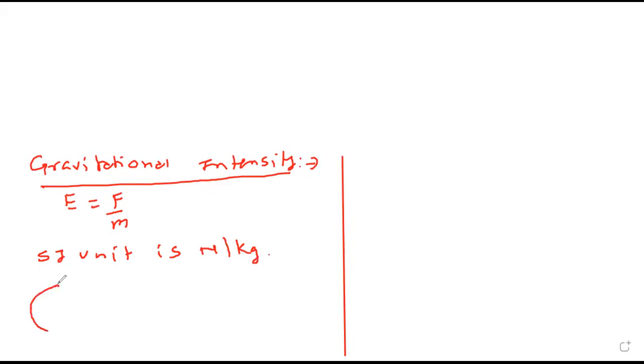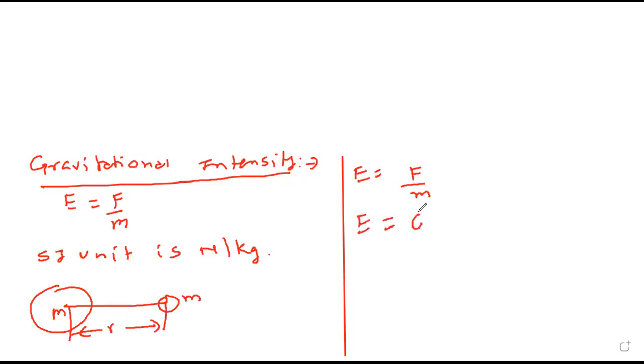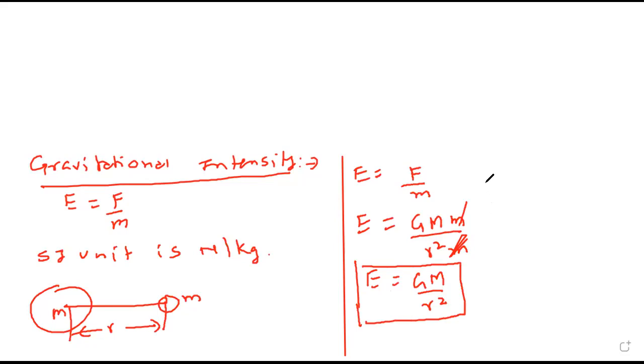If we consider Earth of mass M and a small mass m, both at distance r apart, then the gravitational intensity of Earth is the force acting on that small mass. So E is G M m upon r square divided by m. Therefore E equals G M upon r square. This is the formula for gravitational intensity.